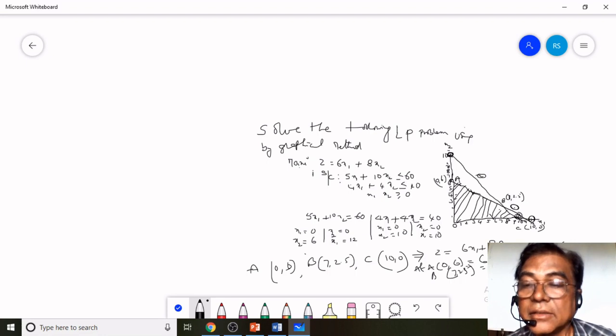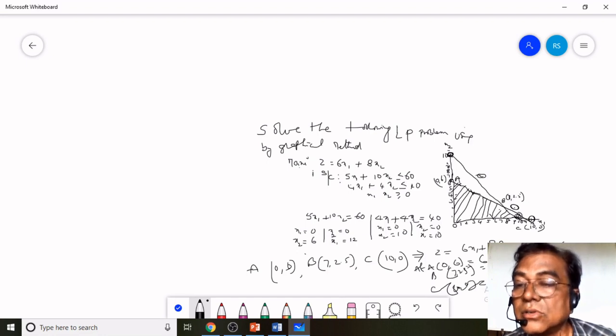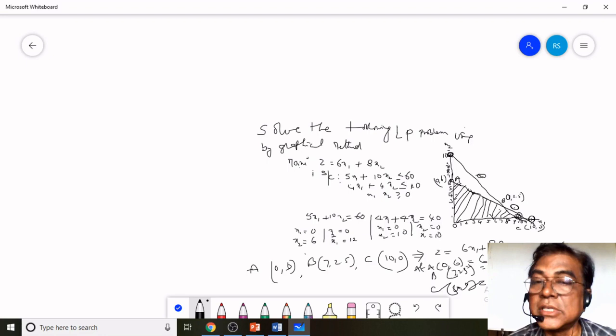At C, C means 10, comma 0, that is equal to 6 into 10 plus 8 into 0, that is equal to 60. Out of these three values, which is the maximum value? 62.